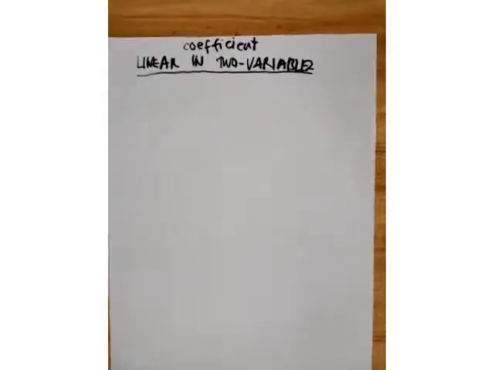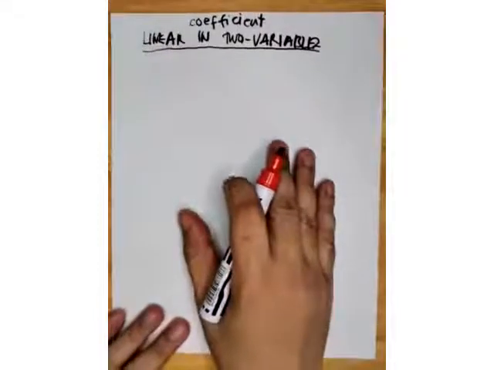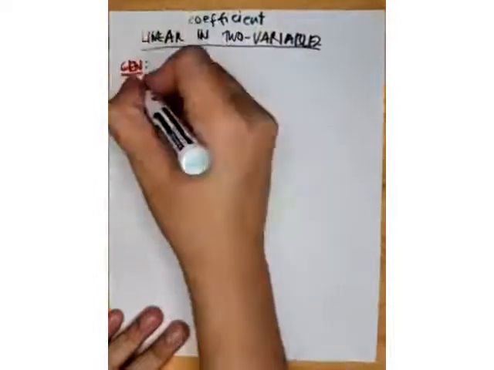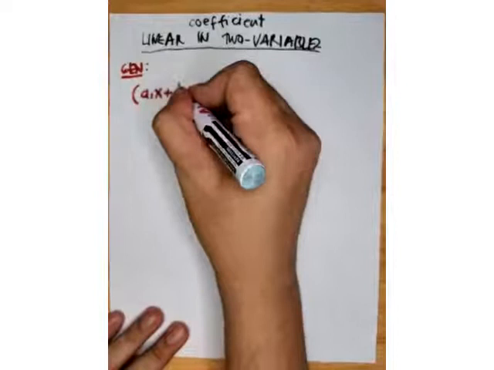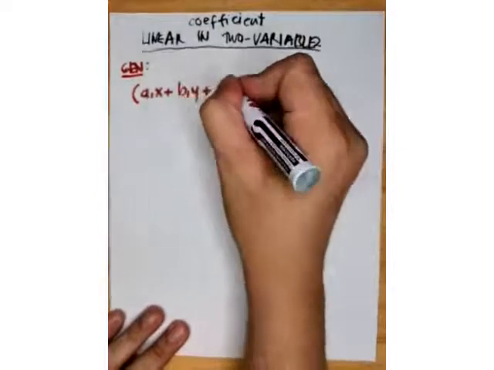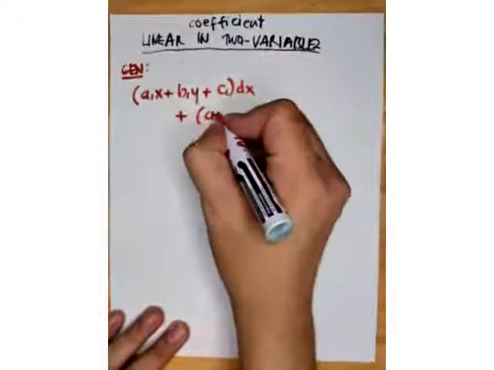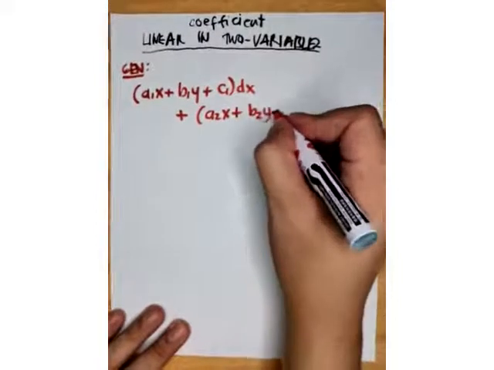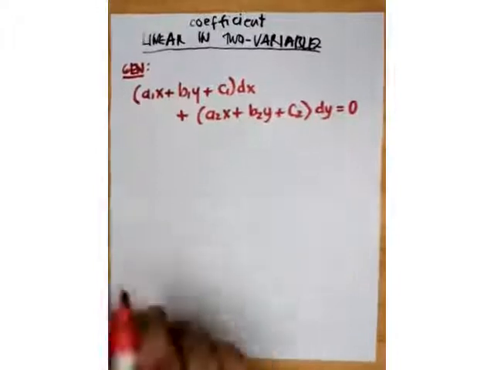Okay. So, for example, the most general form of coefficient linear in two variables is (a1x + b1y + c1)dx + (a2x + b2y + c2)dy = 0.